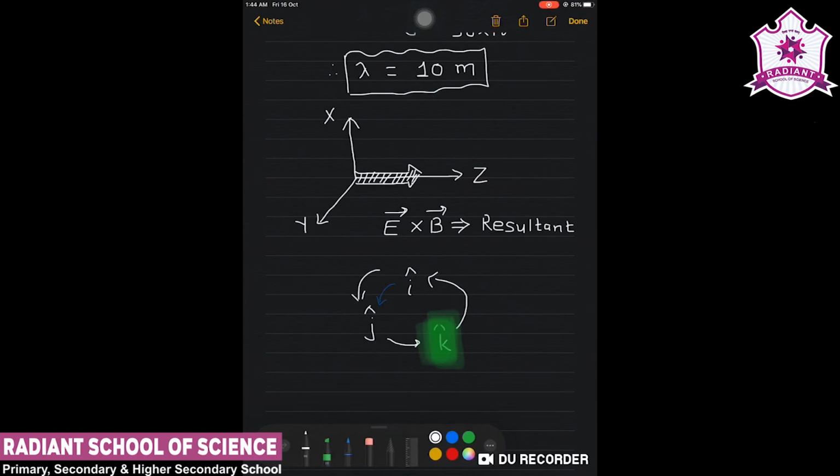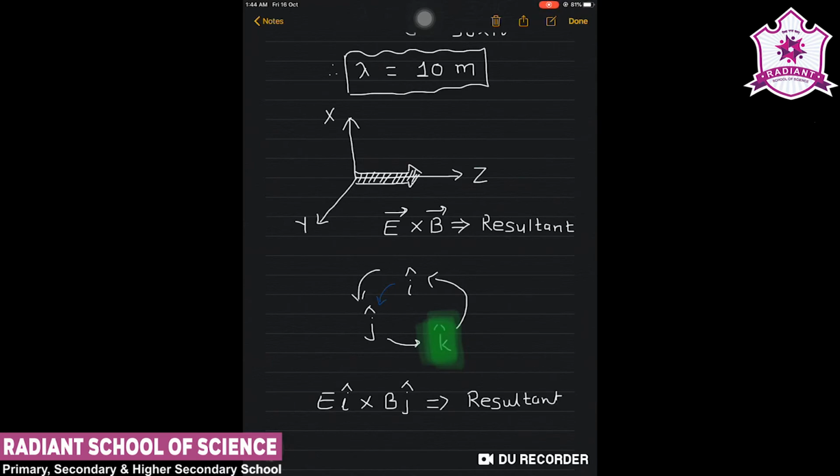So E is in the direction i, cross B in the direction j, and the resultant is k, as required.